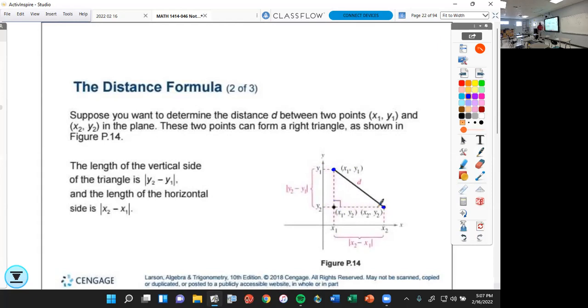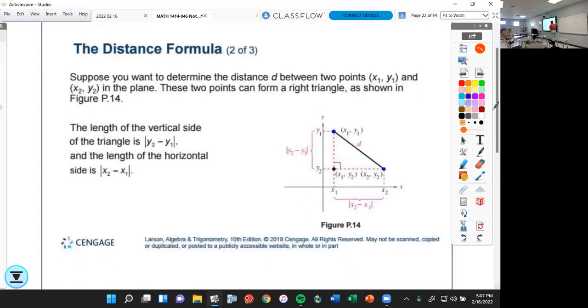And this is why the Pythagorean theorem comes into play, because the distance from x1, y1 to x2, y2 is going to be the square root of the distance between the x1 and x2 values and the distance between the y1 and the y2 values. I said those backwards. If I'm going up and down, that's the distance between y1 and y2, and horizontal would be the distance between x1 and x2. So let's look at an example of that.